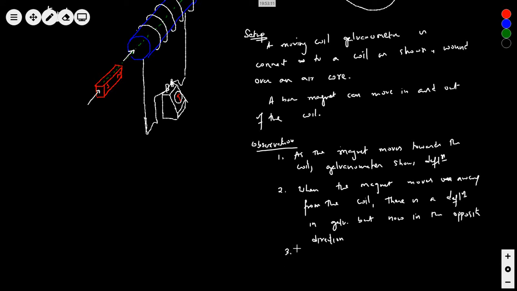Number 3, when the magnet does not move, no deflection is observed in the galvanometer.